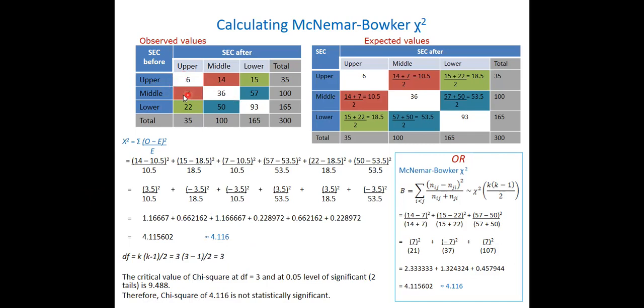These 36 were middle before, middle later. These 93 were lower before, lower later. So the concordant cells are along the diagonal, and the number of concordant cells will be equal to the number of categories. Of course, that makes sense, because it's where each category meets itself: upper, middle, lower.